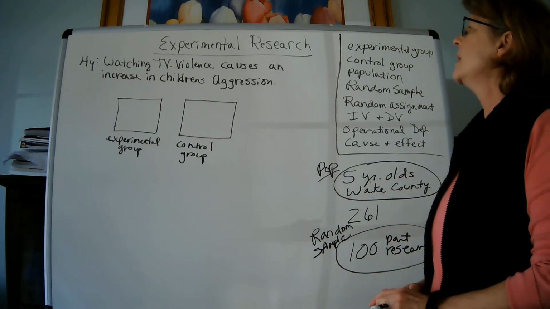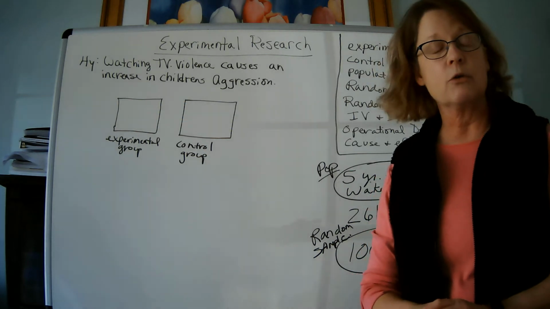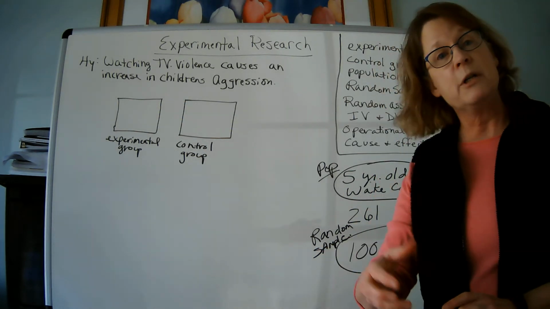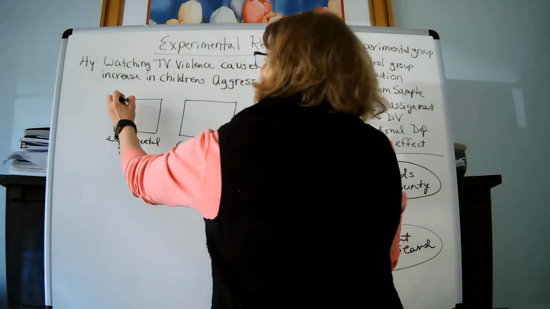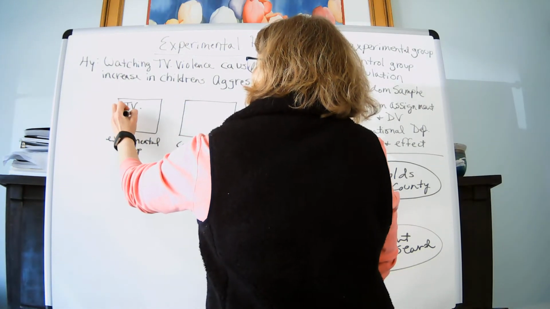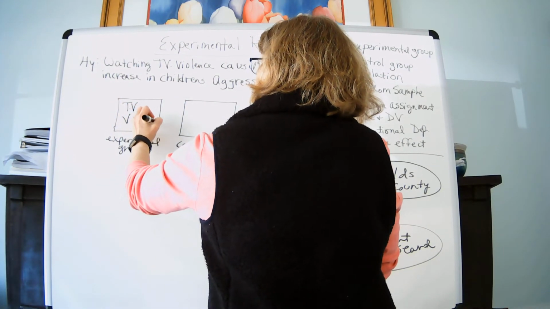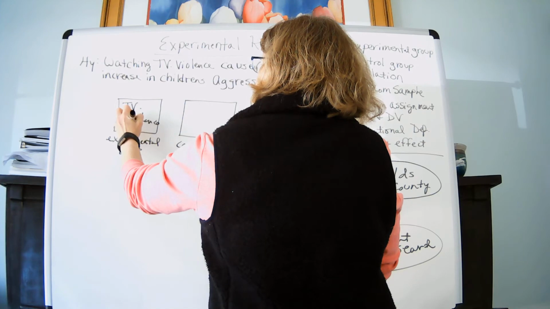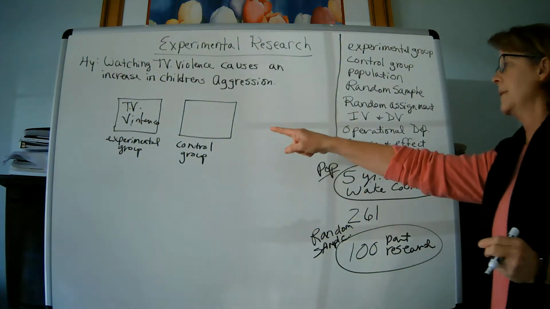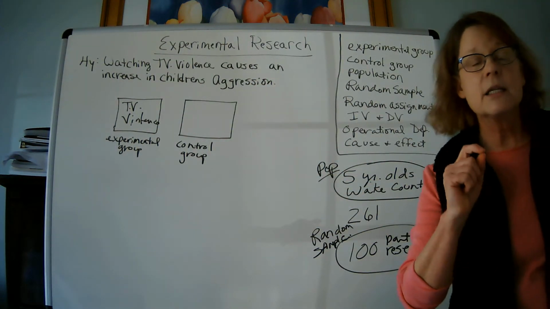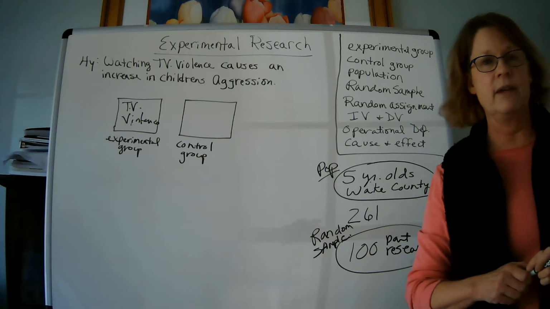So, watching TV violence causes an increase in children's aggression. You know that particular group is going to be watching the TV violence. And you also know that the control group is not going to get the TV violence.